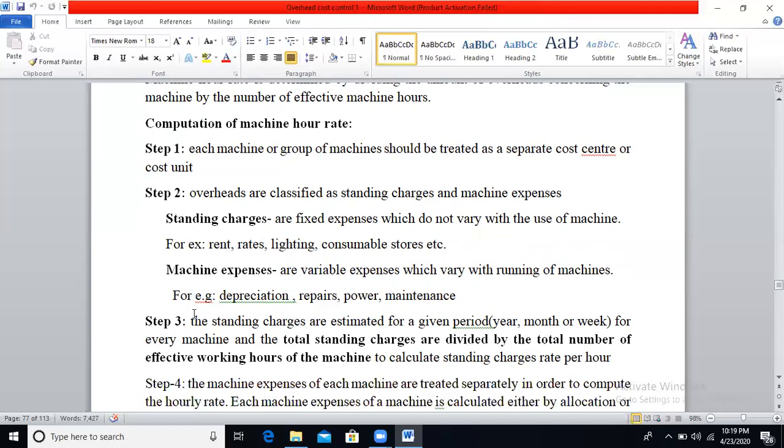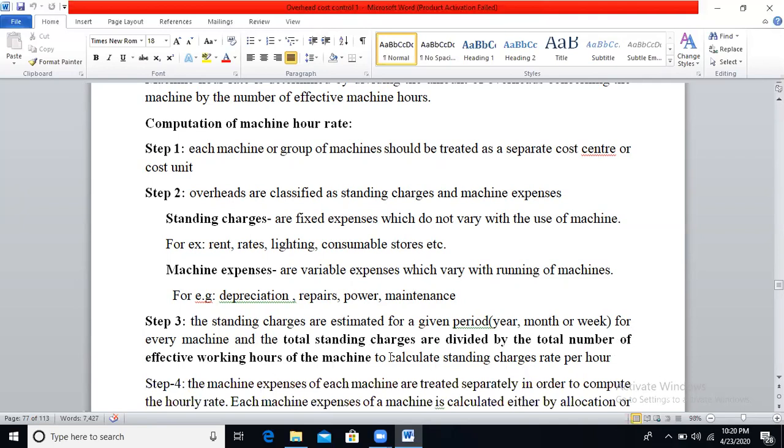Then step 3 is the standing charges are estimated for a given period. So you should calculate standing charges for a particular period, whether weekly, monthly or yearly, for each and every machine, and the total standing charges are divided by the total number of effective working hours of the machine to calculate the standing charges rate per hour.